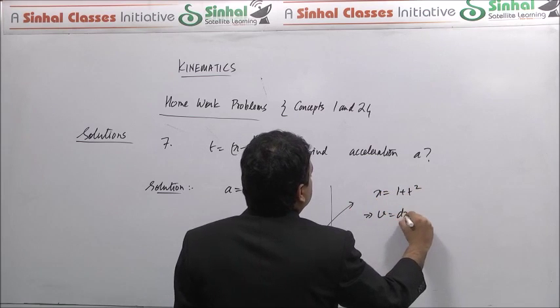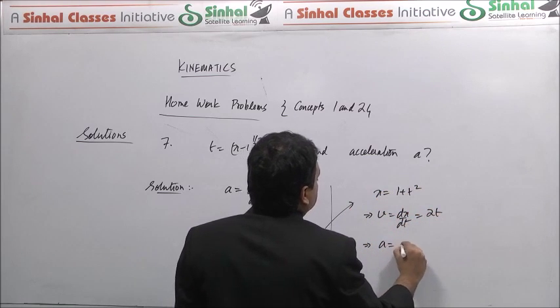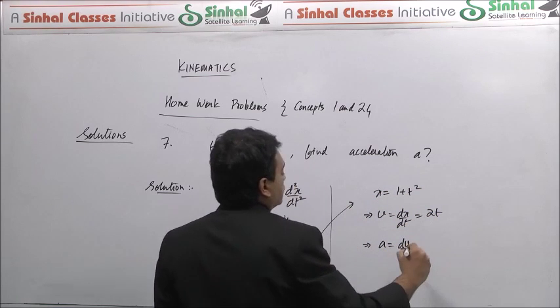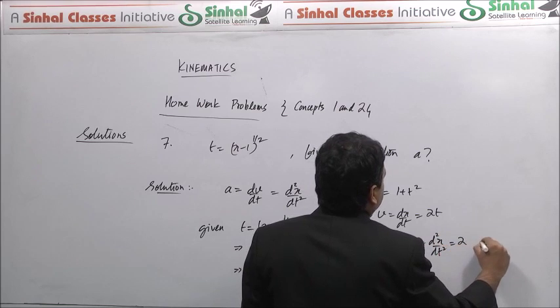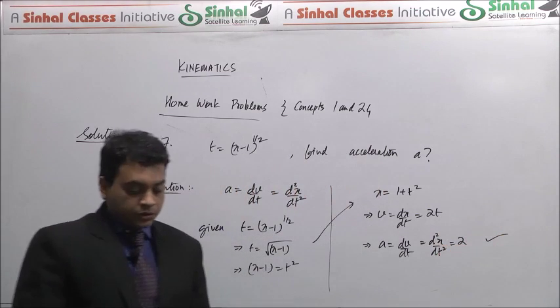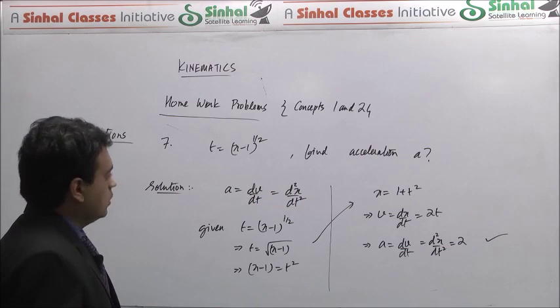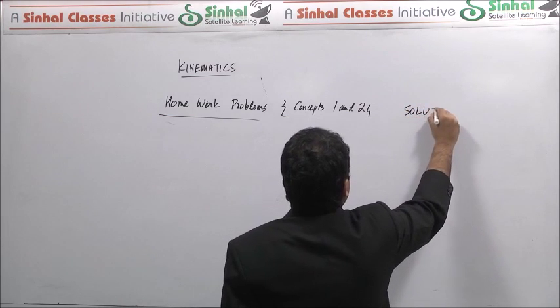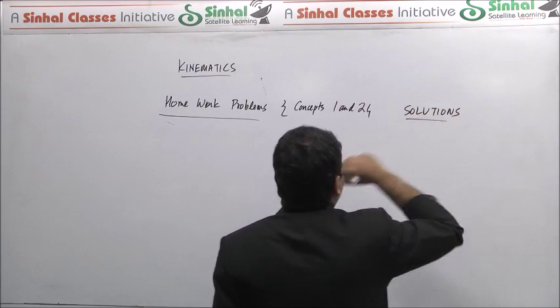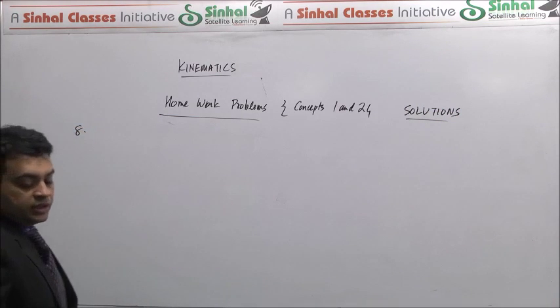So velocity, which is dx by dt, is 2t, and acceleration, which is dv by dt, or second derivative of x, is 2. That becomes the solution here. Let's look at the 8th question next.